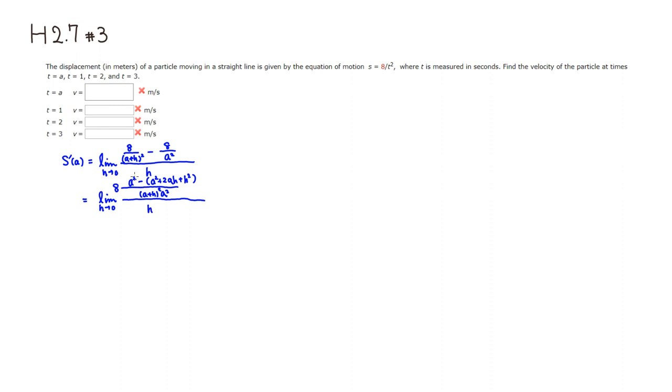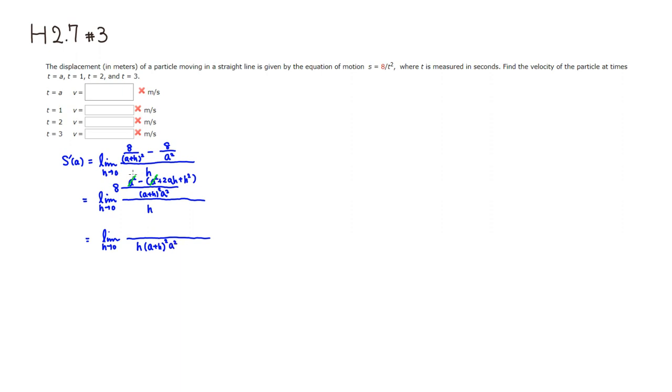Then a squared minus a squared cancel out. If you clean it up, the limit as h approaches 0. Dividing by h is the same thing as multiplying the denominator by h, so I'm going to write it as h times the quantity a plus h squared, times a squared.